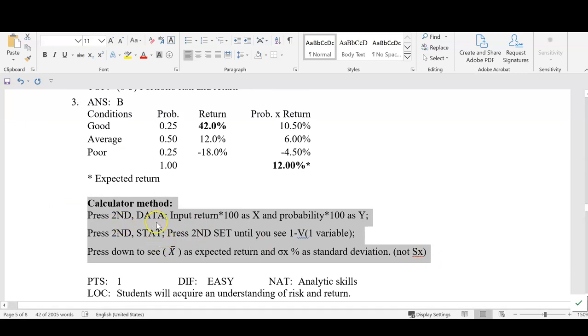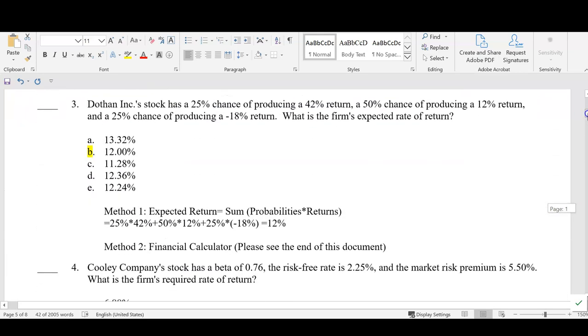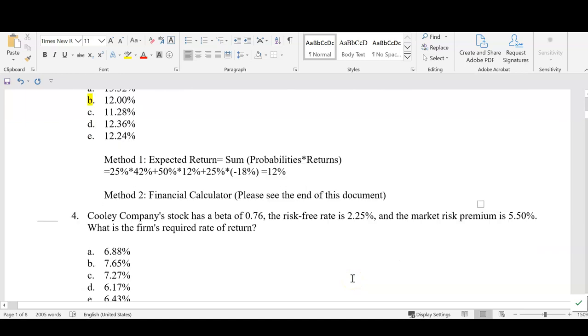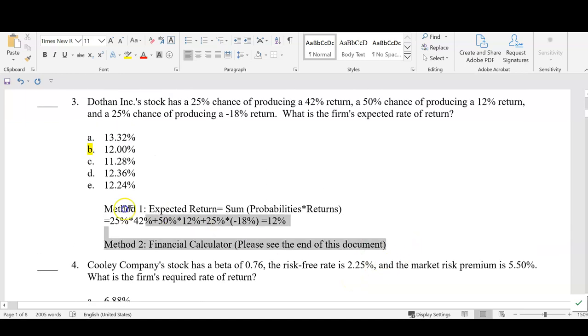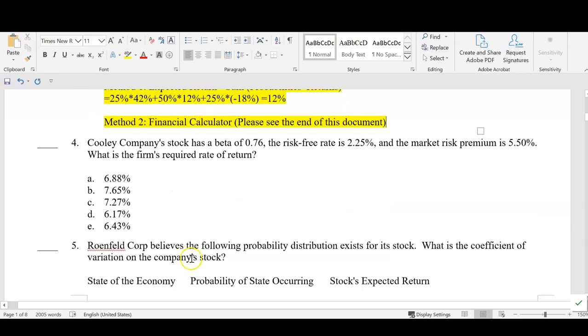Second data, 100 multiplied by return as x, 100 multiplied by probability as y. Second stats, second set, 1V, x bar, and sigma x. It's all listed here. I'm going to mark these as yellow because these are new notes too.